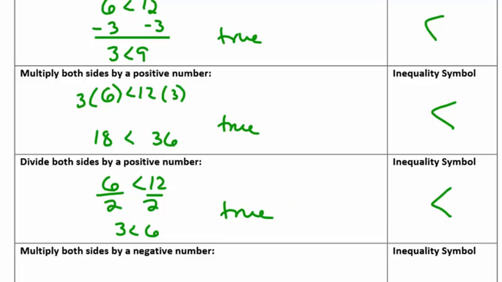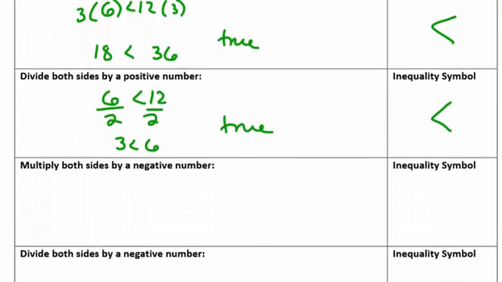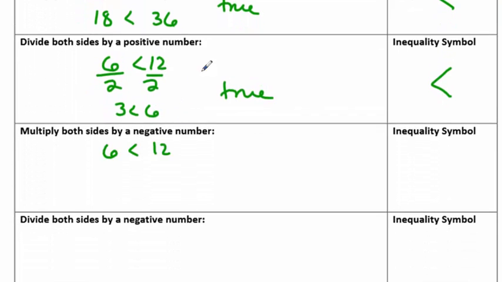All right, now we're going to get down to multiplying both sides by a negative number. So for example, we'll multiply both sides by negative 1. If you multiply both sides by negative 1, that gives you negative 6 is less than negative 12. This is not true. To make it true, you must change the inequality sign, right?